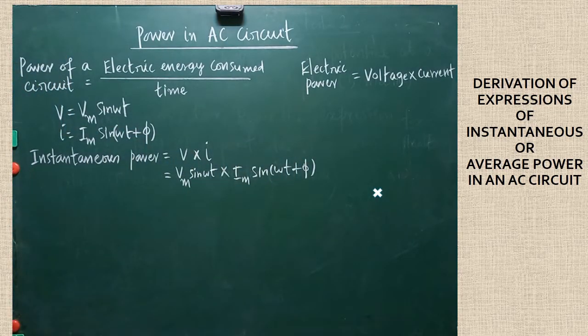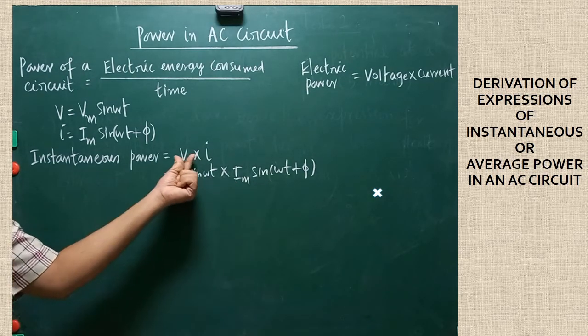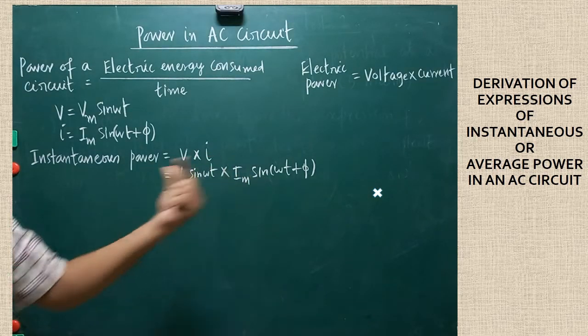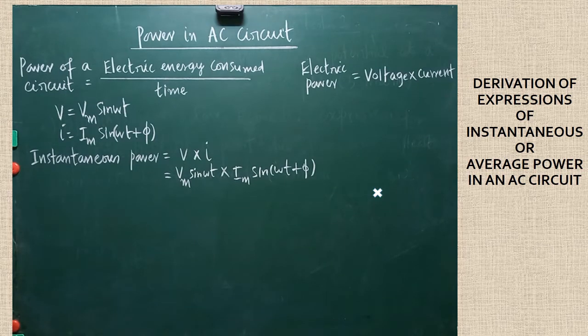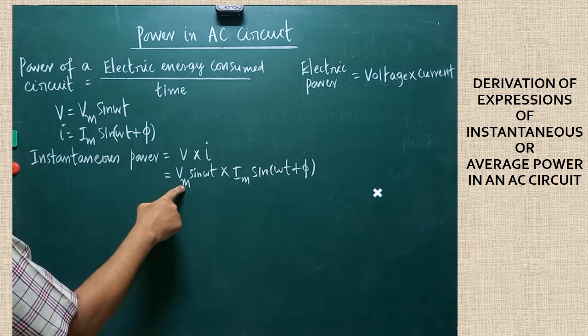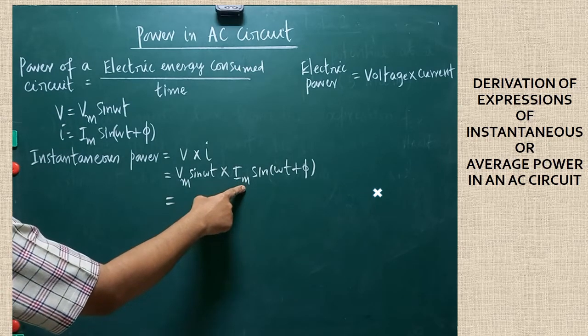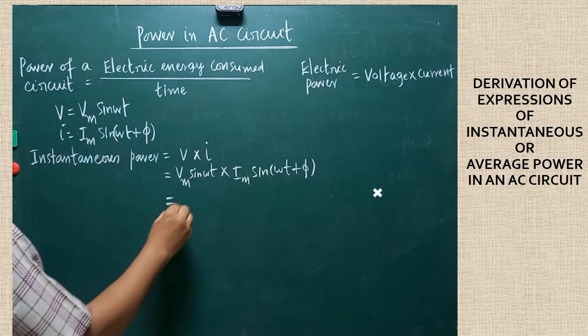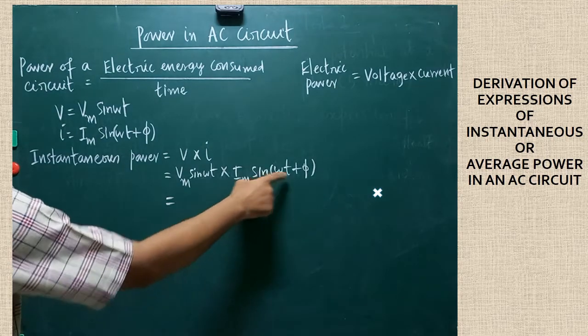So this is the product of instantaneous voltage and instantaneous current. Here Vm is the peak value of voltage and Im is the peak value of the current in the case of AC. In the next step, this one could be expanded.